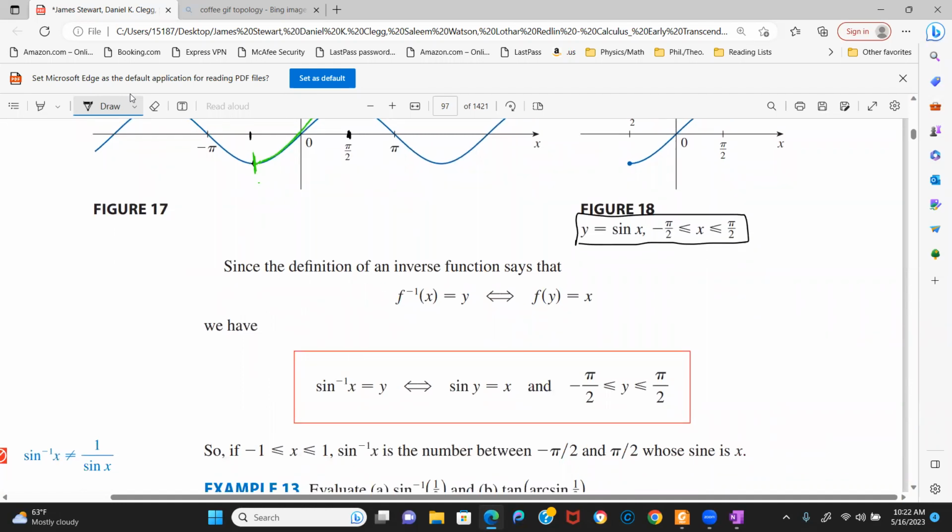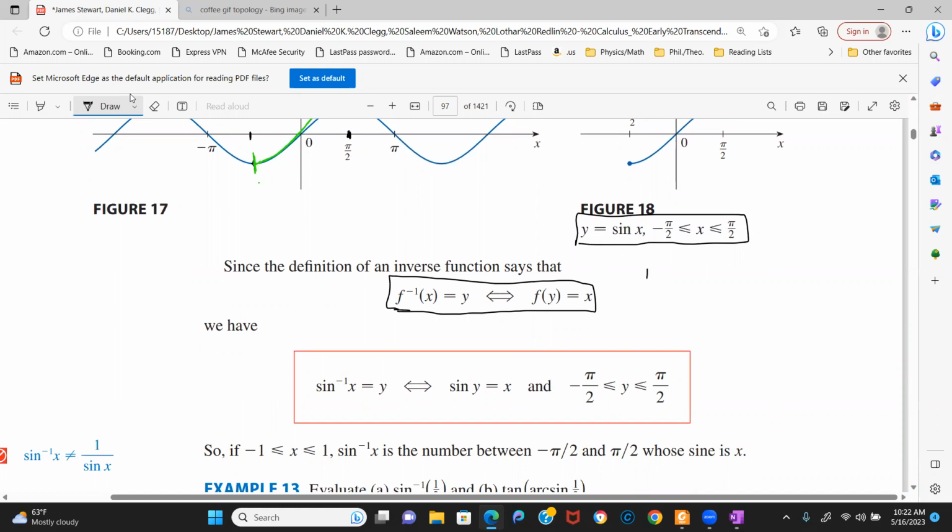Because it has an inverse on this restricted domain, we can apply the definition of the inverse function to figure out what this inverse does.